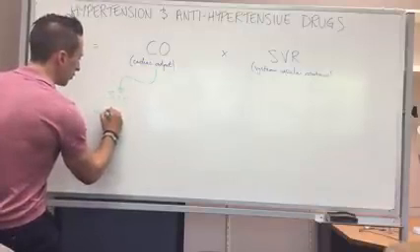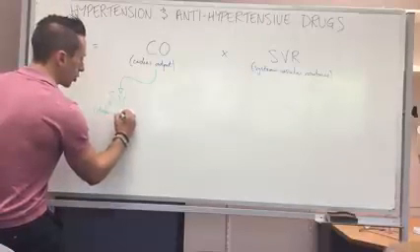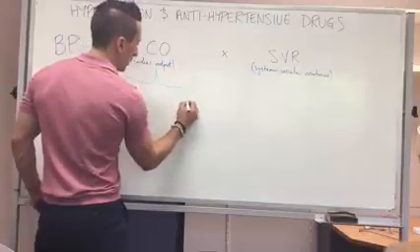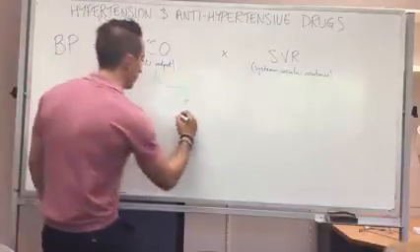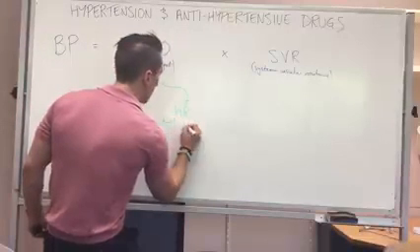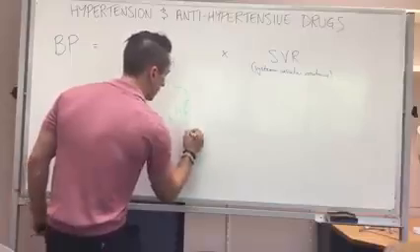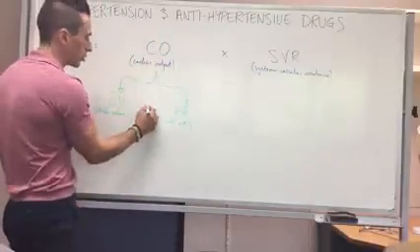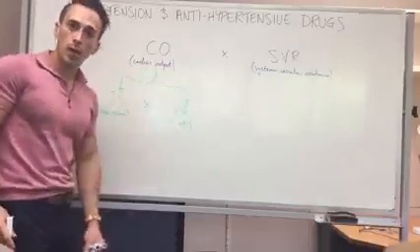That's the volume of blood being pumped out per contraction. And it would also be heart rate, which is how many times the heart beats per minute. So cardiac output is stroke volume times heart rate.